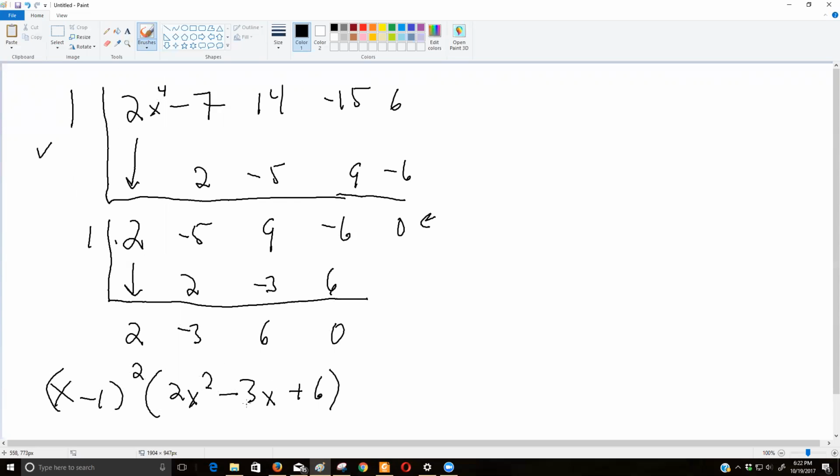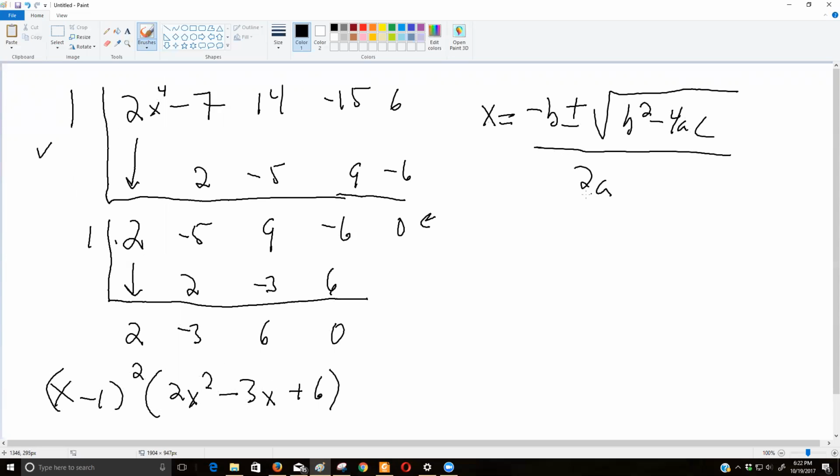I know these are going to be complex solutions. So all I'm going to do is apply the quadratic formula. x equals -b plus or minus the square root of b squared minus 4ac, all over 2a. I know you've done this before. So for this part of the polynomial, a equals 2, b equals -3, c equals 6.